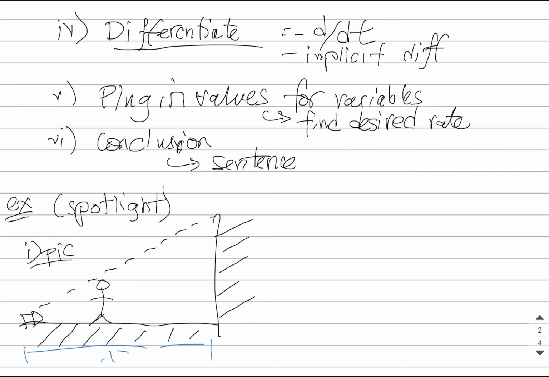So we are told that this distance here is 12 meters, so the light is not moving with respect to the wall. And we are also told that this person is 2 meters tall. Now, all of the other information represents things that do change in time. These two pieces of information do not change in time. And so at that stage, we need to talk about variables.